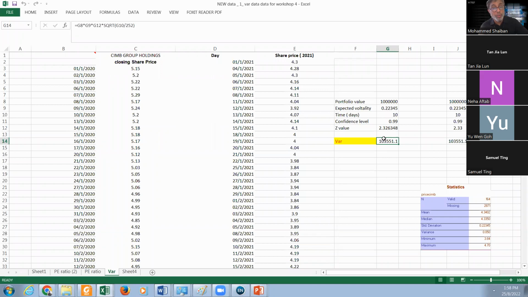So if you take the fluctuations here, and make it, for example, 95%, now the VAR will drop to 73,000. If you just want to take 90%, the VAR will drop to 57,000.